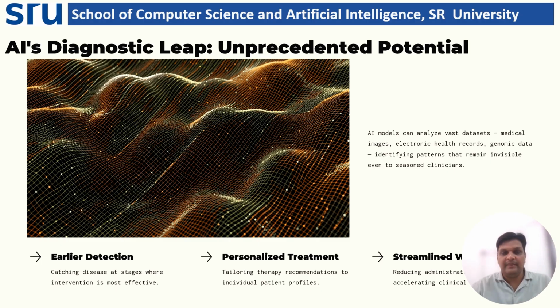Personalized treatment: tailoring therapy recommendations to individual patient profiles. AI can analyze medical images, health records, and genomic data at a scale beyond human capability. This allows early diagnostics, precision medicine, and efficient workflow. But power without transparency is dangerous.